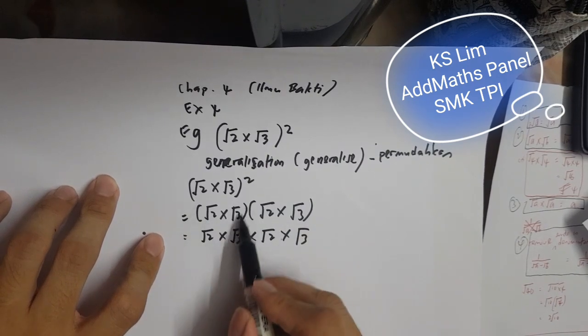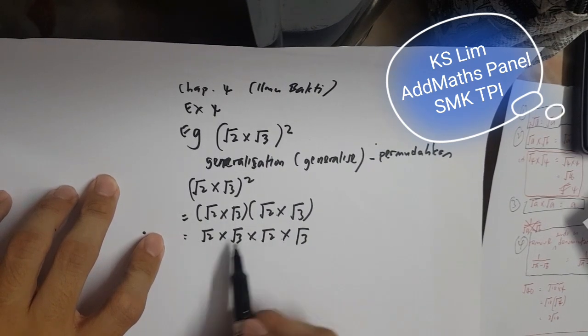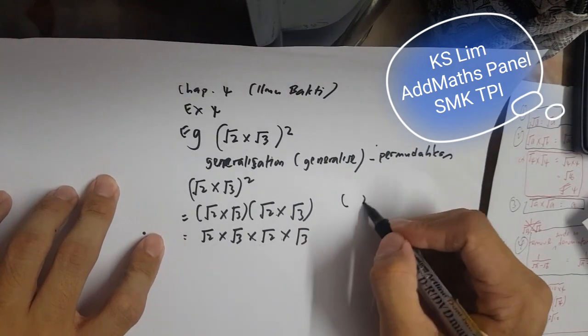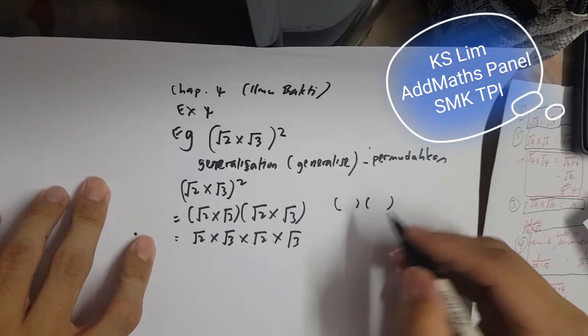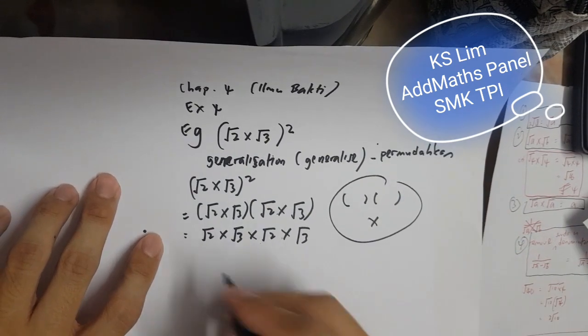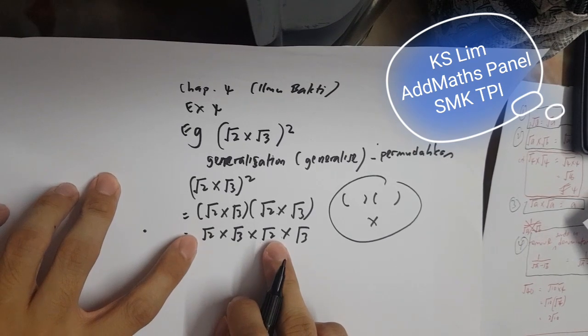Brackets mean multiply. Everything is multiplied. So this square root, brackets mean multiply. This one is the same element, a pair of it.